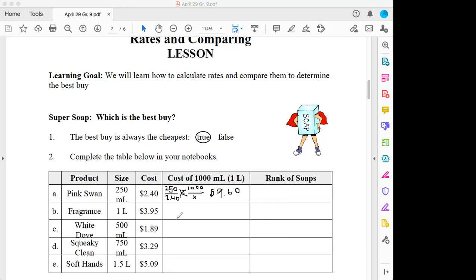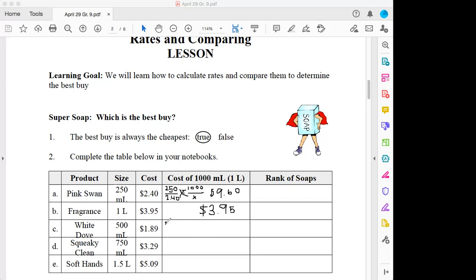If we look at Fragrance now, it tells us our size is already a liter, so we don't need to convert anything. It costs $3.95 for a liter. This one is 500 milliliters, so we do the same thing, and it's for $1.89.